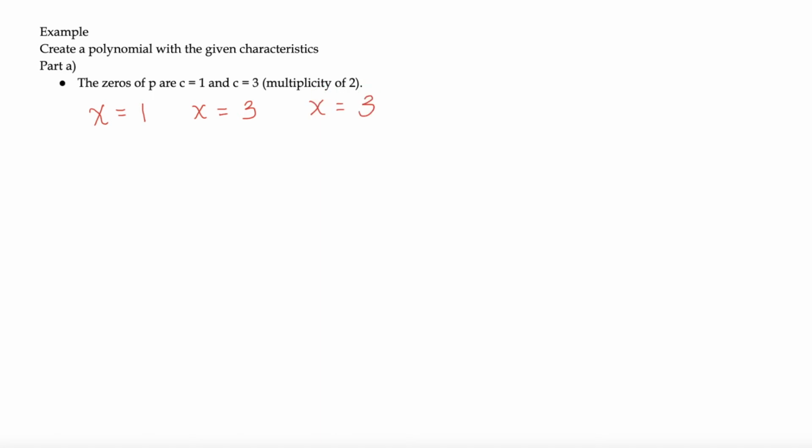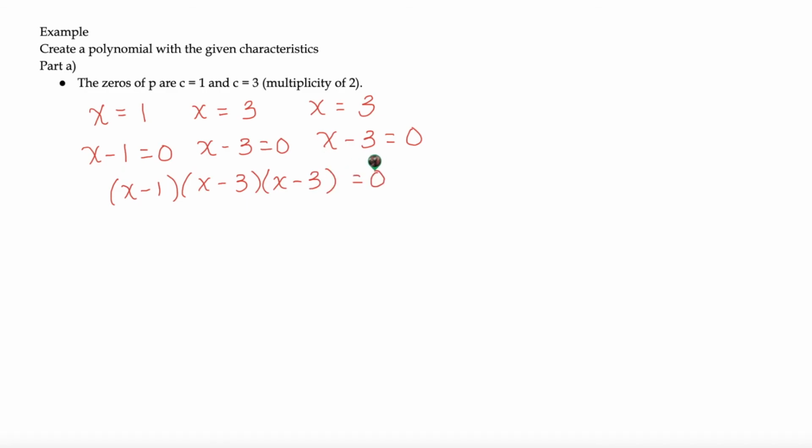Work our way backwards. x minus 1 is 0, x minus 3 is 0. Putting it into our factored form, x minus 1, x minus 3. Working our way backwards from solving, we've done this many times going forward.